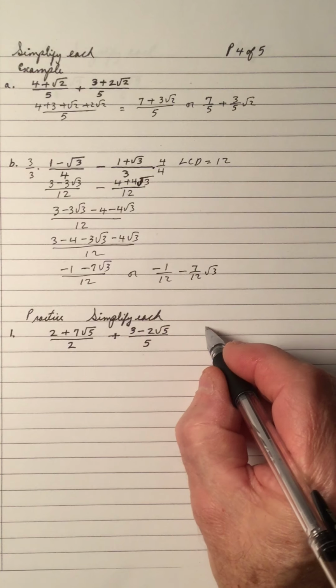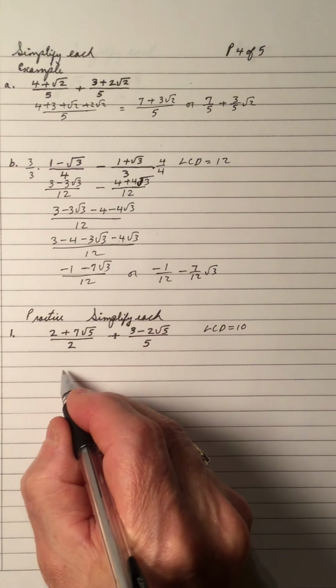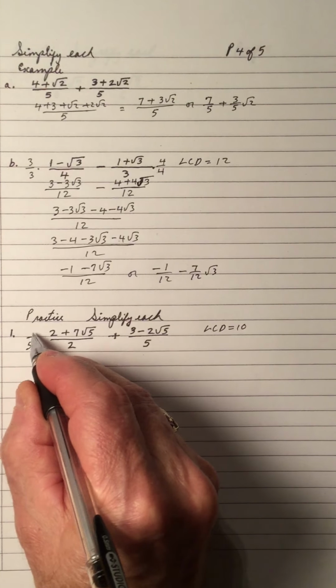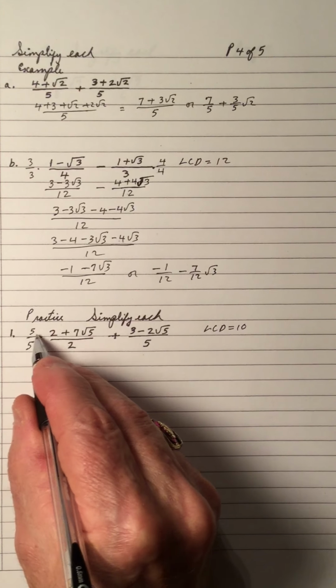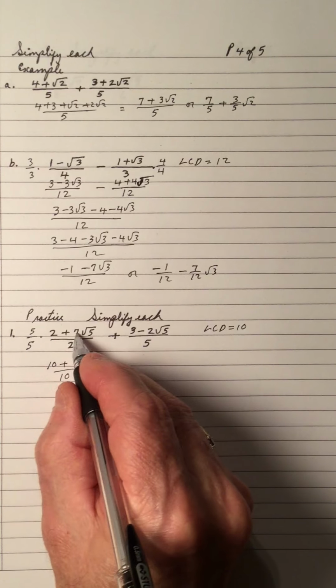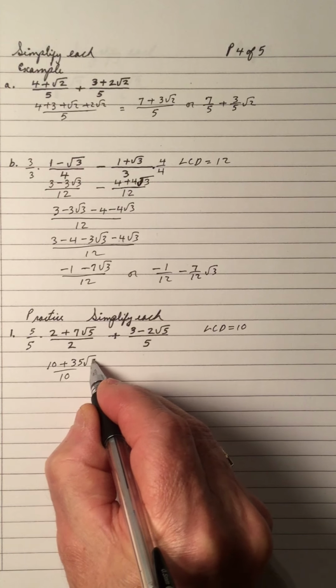Here we go. The LCD for 2 and 5 is 10. So if you multiply this one by 5, you multiply the numerator by 5, to balance it. 5 times 2 is 10. 5 times 2 is 10. And 5 times 7 root 5 is 35 root 5.